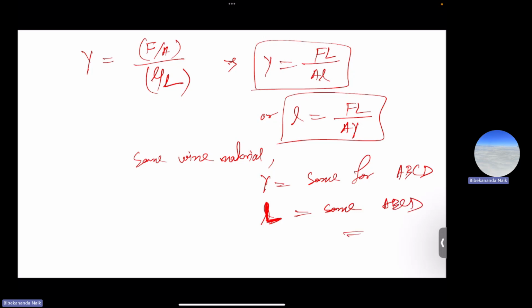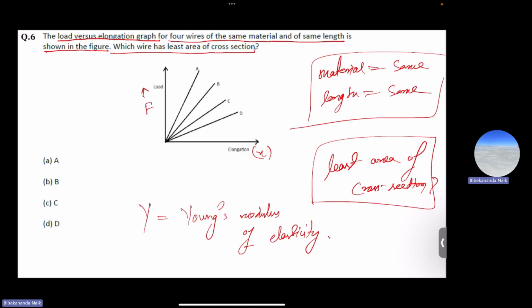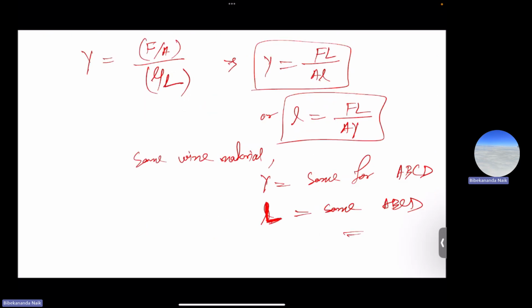So length is also same and Y is same. Now the remaining two quantities are force and area of cross section. So we need to find out where the area of cross section is least. So how will we find out?